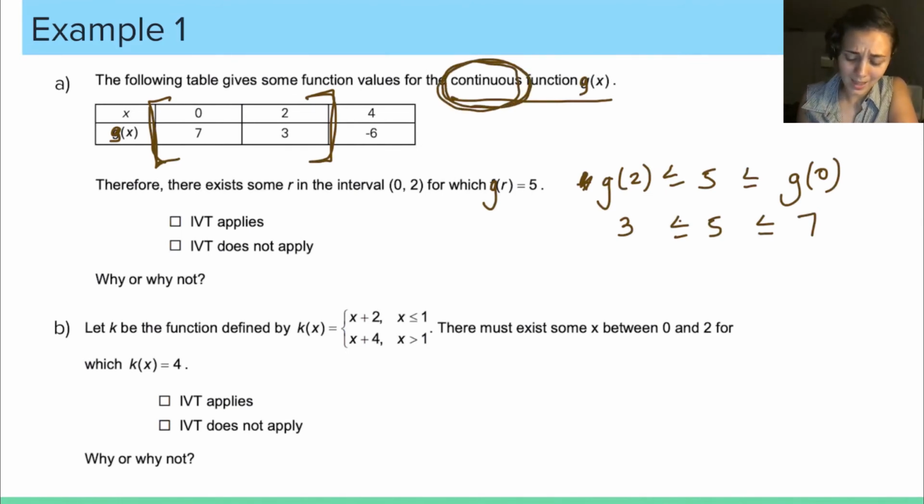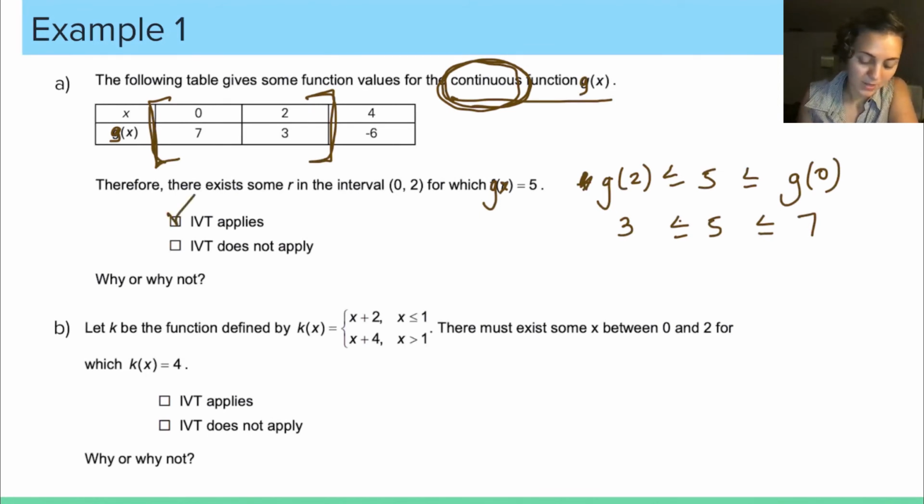And then I definitely know that there's a value where g of r equals 5, I don't know what value of r or x. This should say x. Yikes. So there's a value of x for which g is equal to 5, because 5 is between 3 and 7.